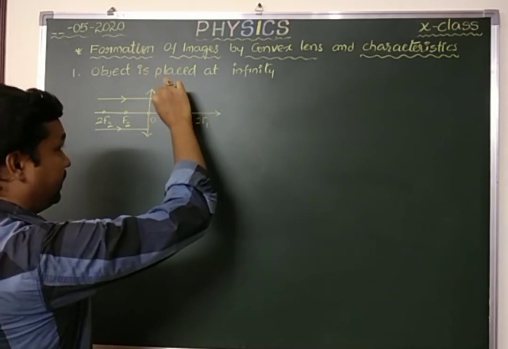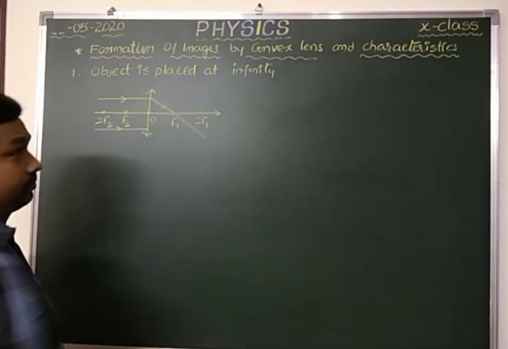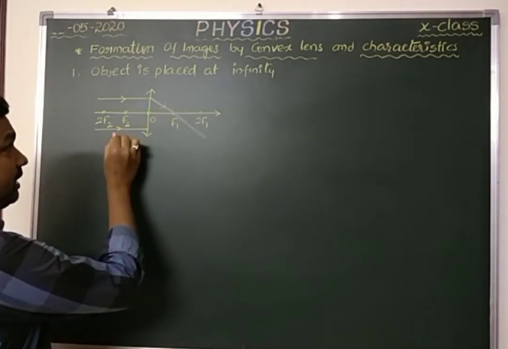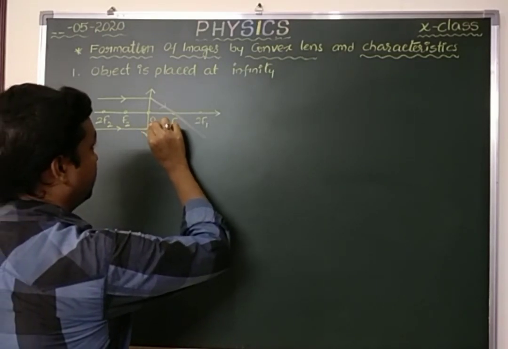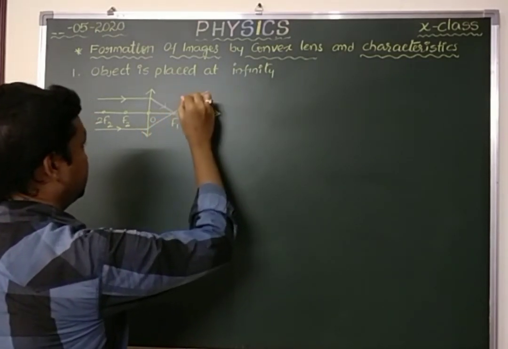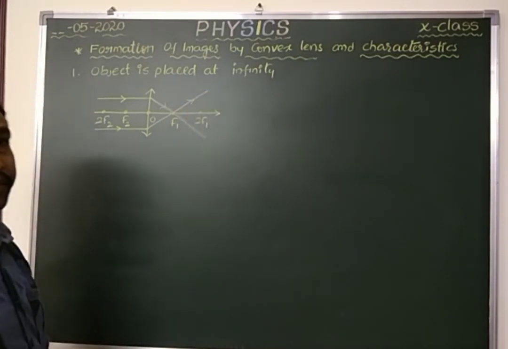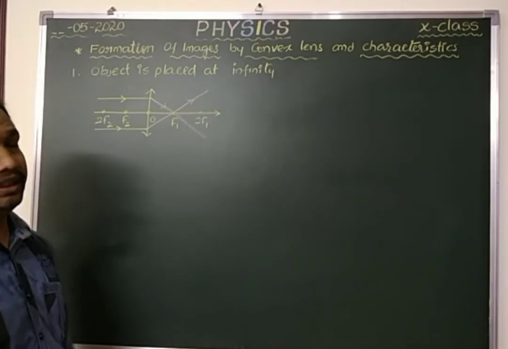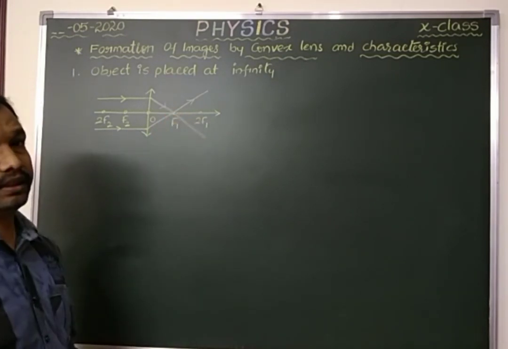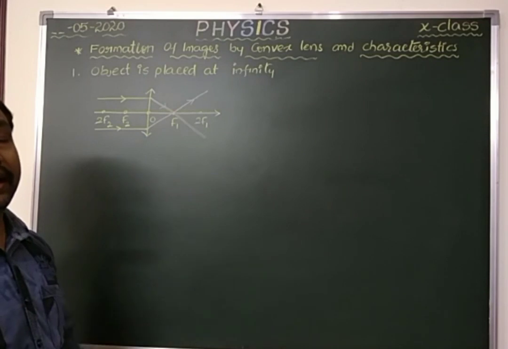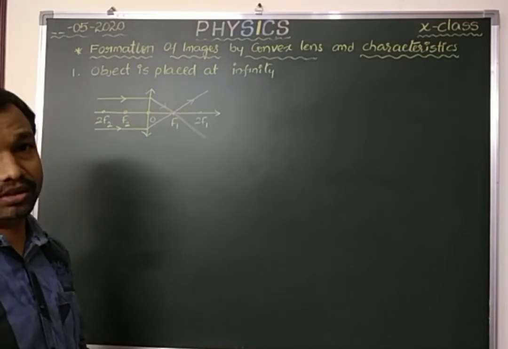The refracted light ray passes through the focus. Similarly, the lower light ray also passes through the focus, like this. Where are they intersecting? They are intersecting at one common point. Where the refracted light rays converge, there we will get the image.